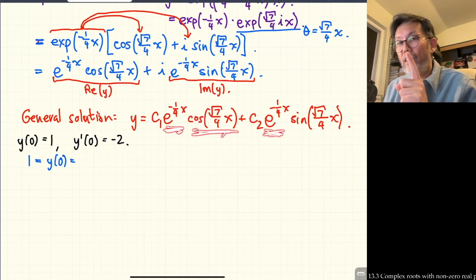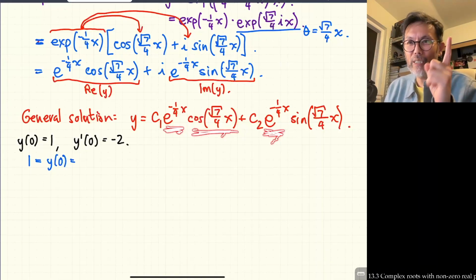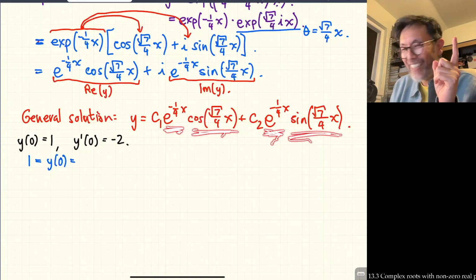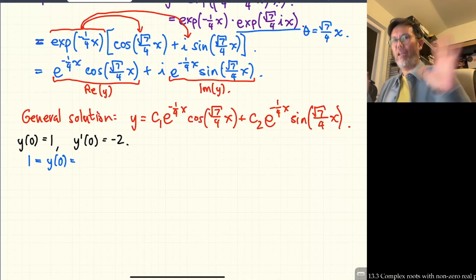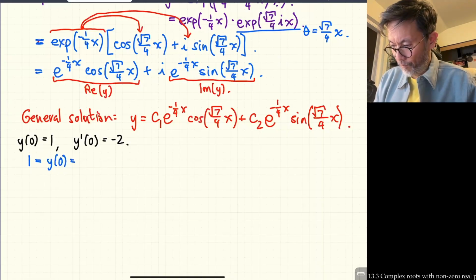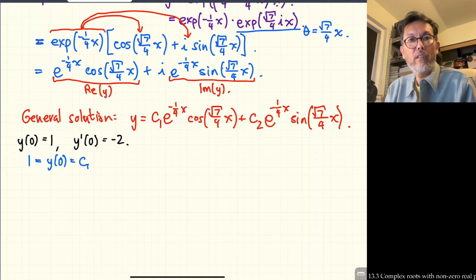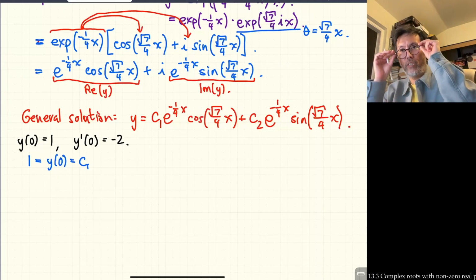This thing here is 1. But very lovely, this thing dies, so all we have left in the end is C1. So we now know the identity of C1. C1 must be 1, and that's by virtue of that first initial condition.